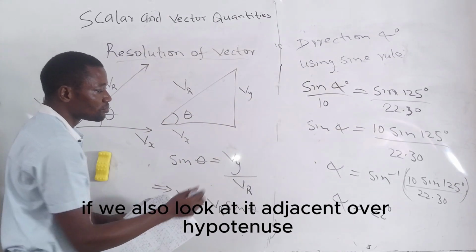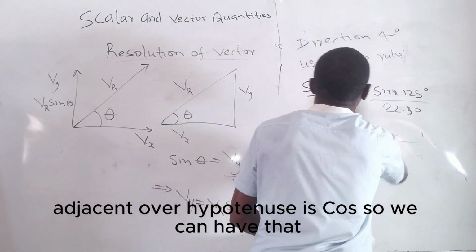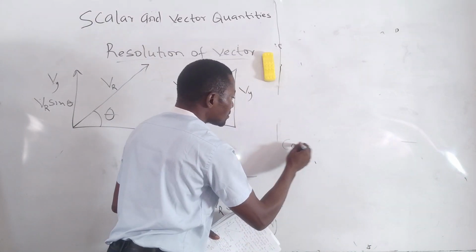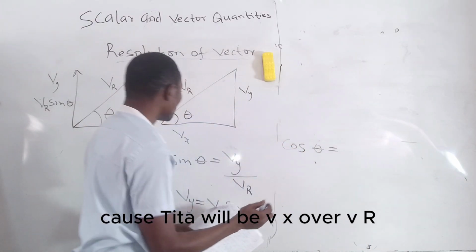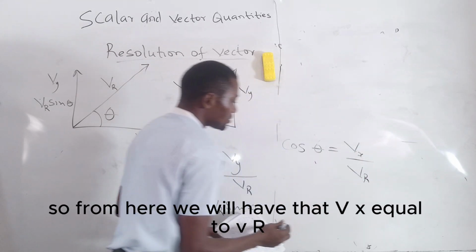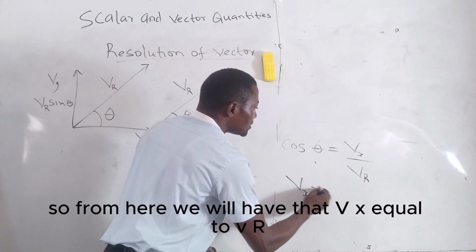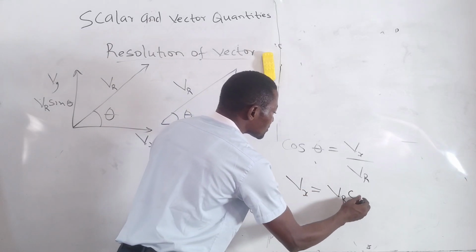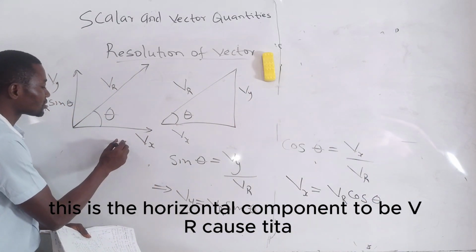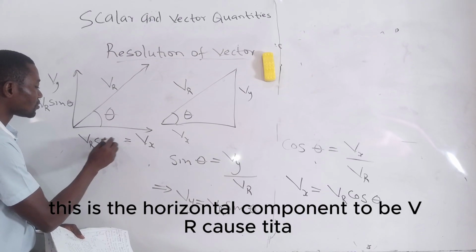Okay, if we also look at it, adjacent over hypotenuse is cos. So we can have that cos theta will be Vx over Vr. So from here, we will have that Vx is equal to Vr cos theta. So we have resolved the horizontal component to be Vr cos theta.